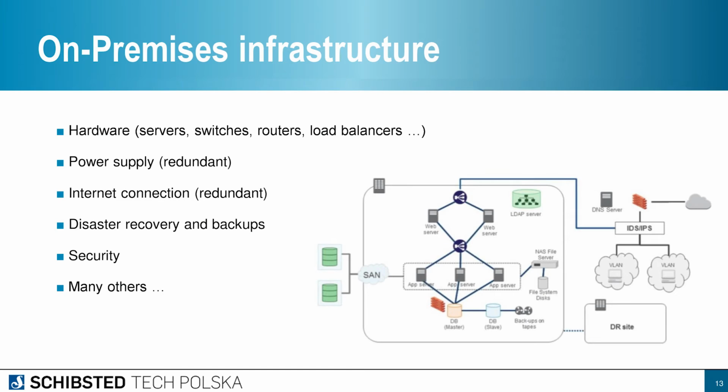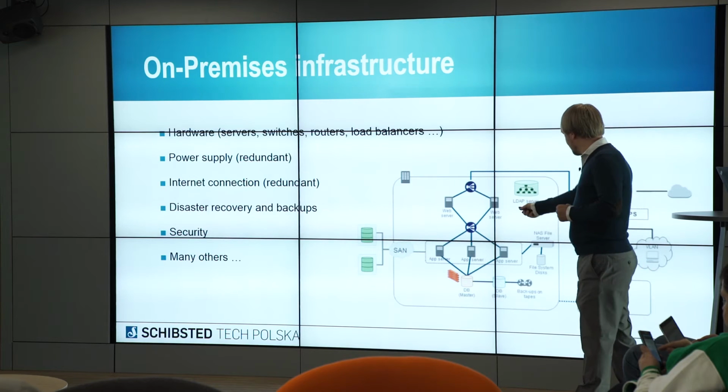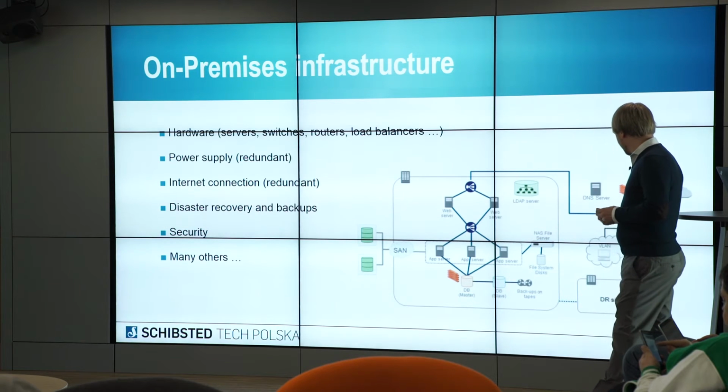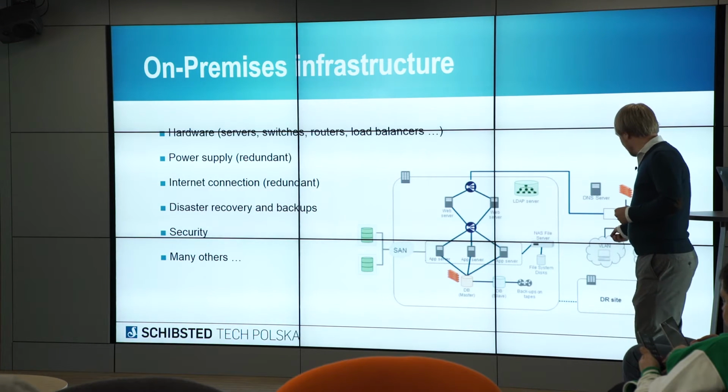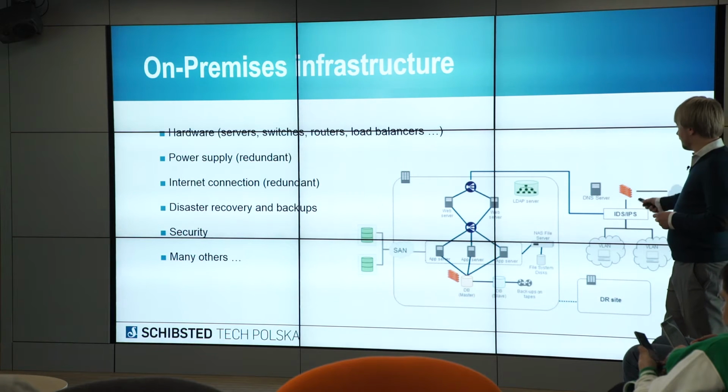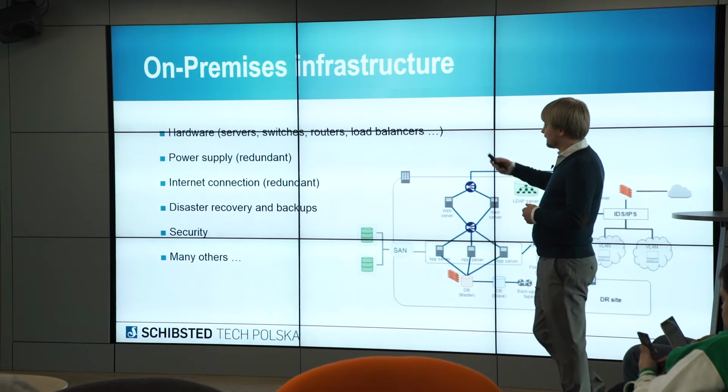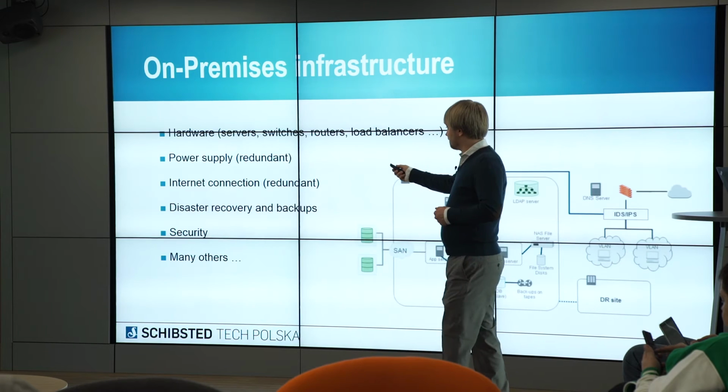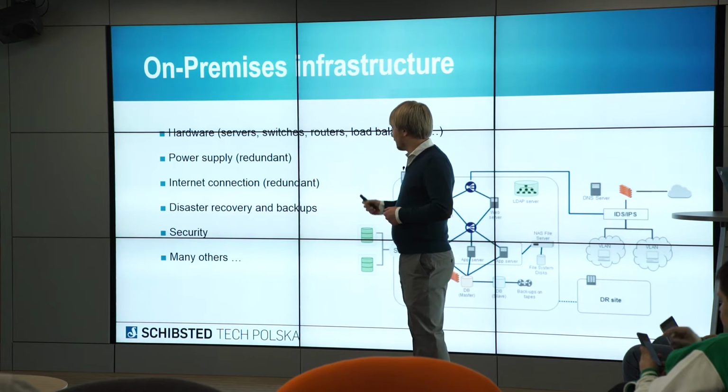Okay, and how does on-premise infrastructure map to Amazon services? On-premise infrastructure, you have some DNS services, some web servers, some LDAP servers, some data storage with replication, with backups. You have a disaster recovery site. You have firewalls. You must provide power supply, internet connection.